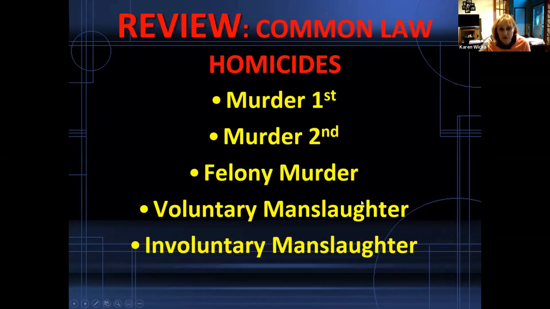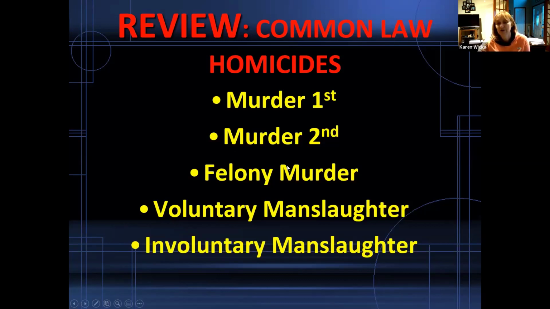So as a review, we have covered 5 different levels of homicide at the common law level. Murder first is intentional homicide, one person taking the life of another, with malice aforethought. Murder second is depraved heart murder. So that's your knowing mens rea and then taking the life of another.